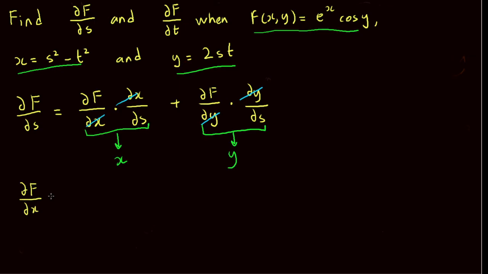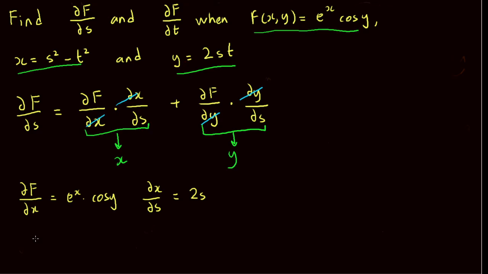Del f over del x is pretty easy, just simply e to the power of x cos y, and cos y is just your constant. Then del x over del s is just simply 2s.